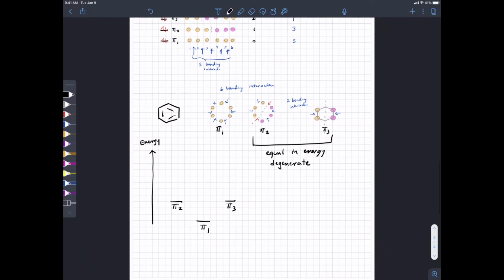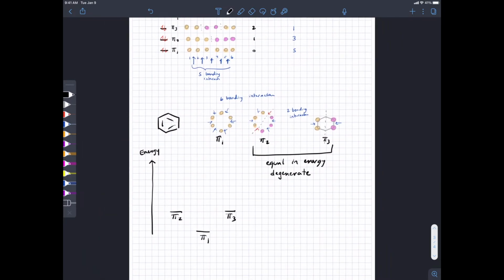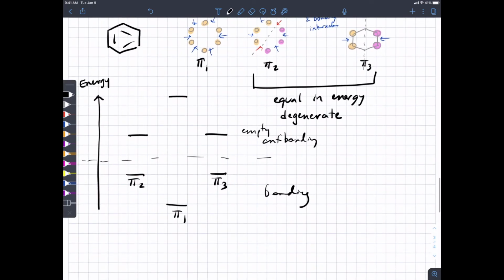So now let's look at what happens, and we could go on and show you where the antibonding orbitals come from, but it turns out they follow a similar pattern. These are the empty antibonding orbitals, and these are the bonding ones. If we fill these orbitals up with the available electrons in benzene, what you find is that you have 2 in the lowest energy one, and then you have pairs of 2 electrons in these degenerate orbitals.